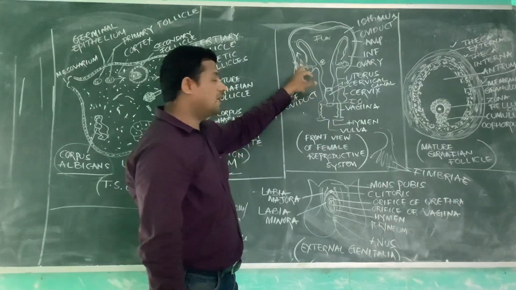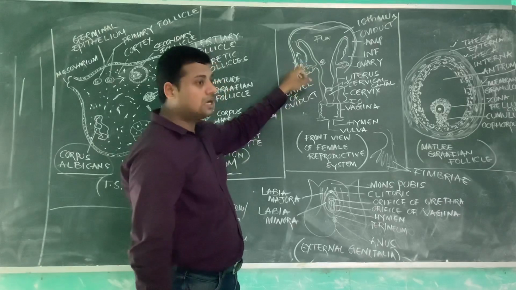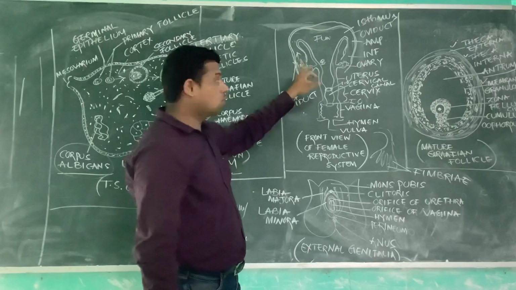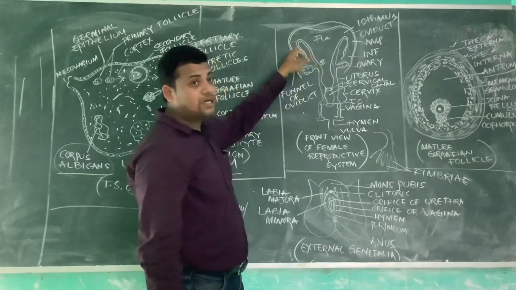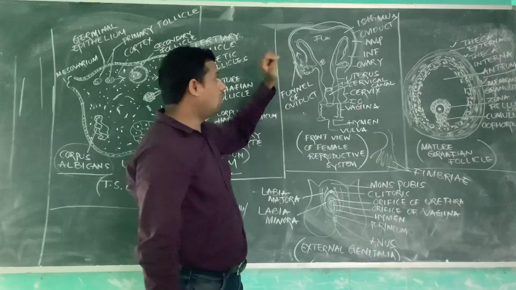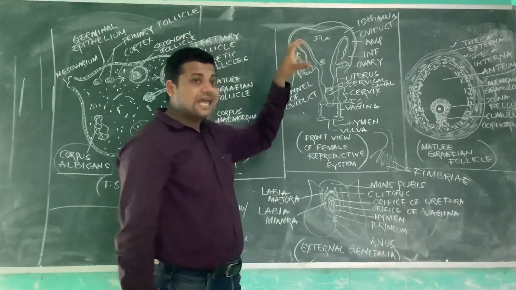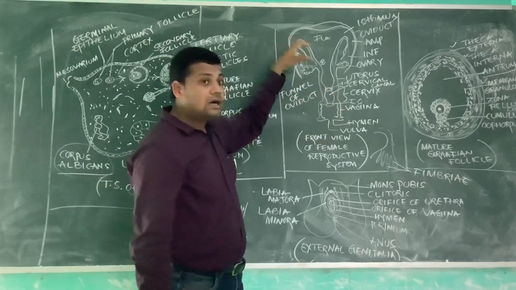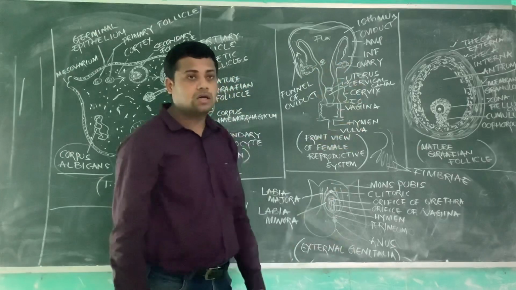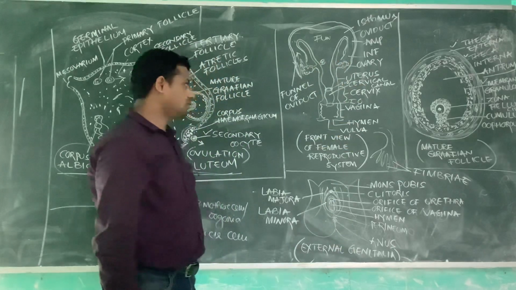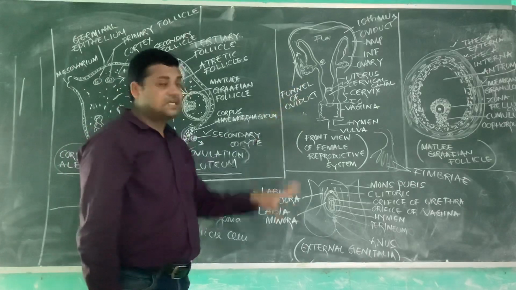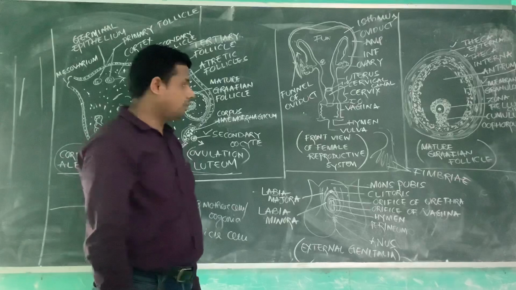The released ovum is picked up by the fimbriae of the oviduct, and then the secondary oocyte enters the oviduct or fallopian tube, where fertilization takes place with the help of sperm, and the fertilized egg later enters the uterus for further growth or development. The endometrium of the uterine wall provides the surface for implantation of the developing embryo.